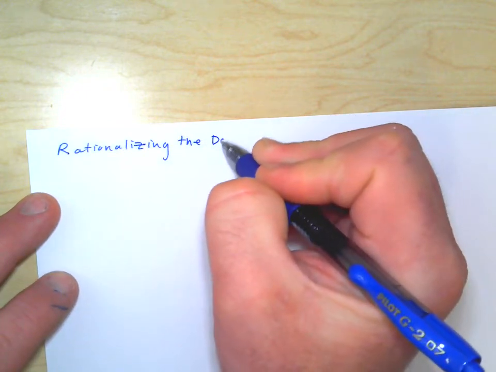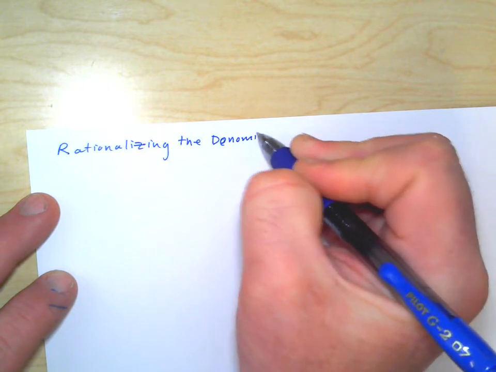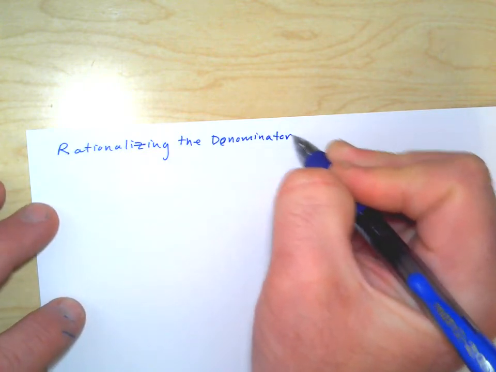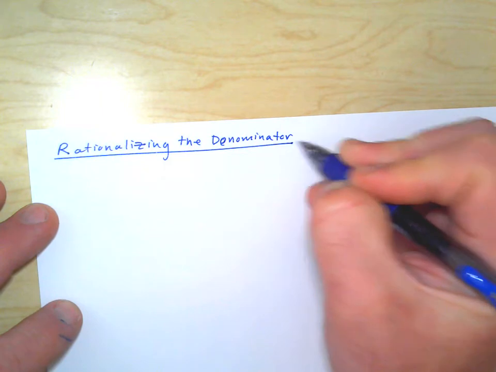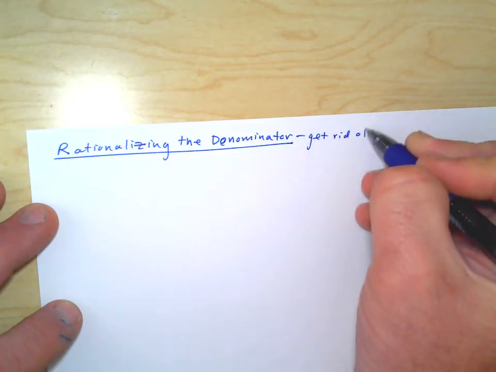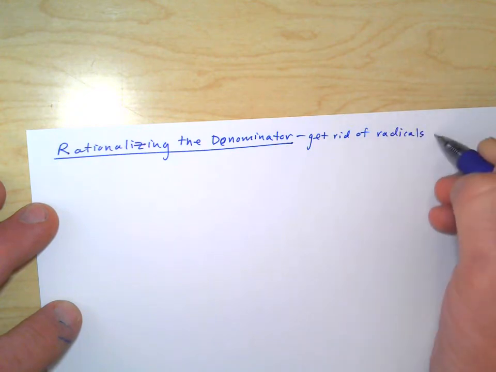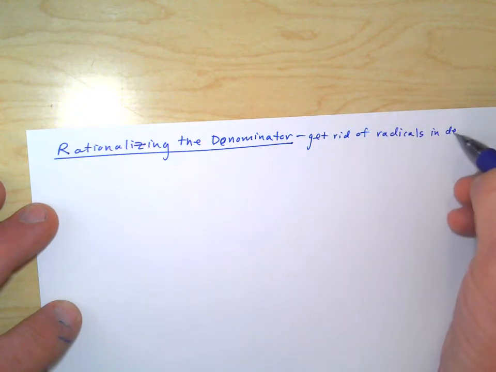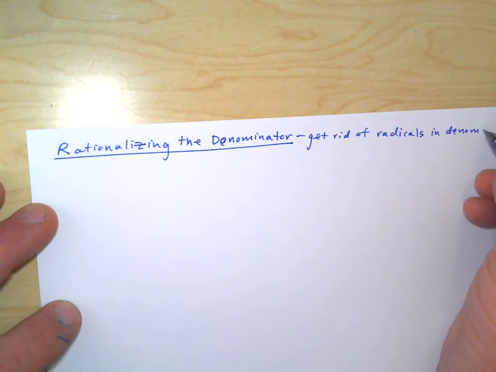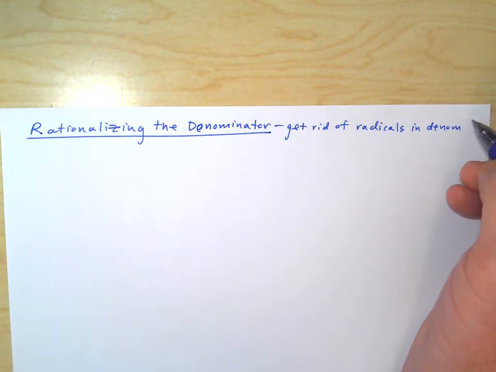This is the third requirement that we mentioned above. Rationalizing the denominator means get rid of radicals, roots, in the denominator. The technical name for that is called rationalizing the denominator. That's kind of like fixing it.